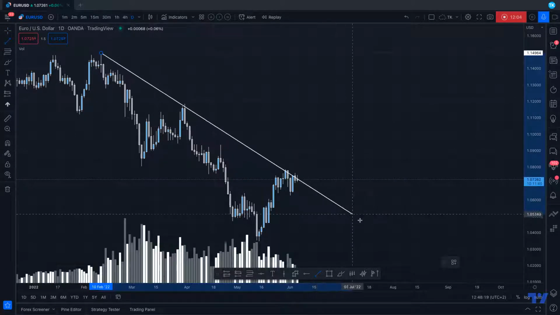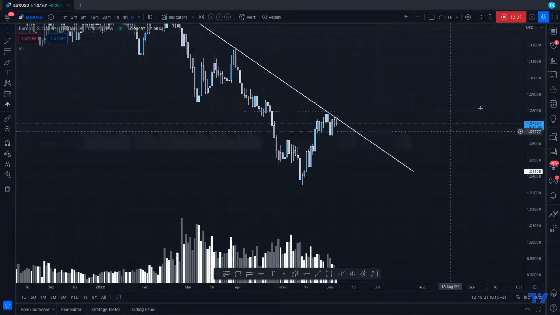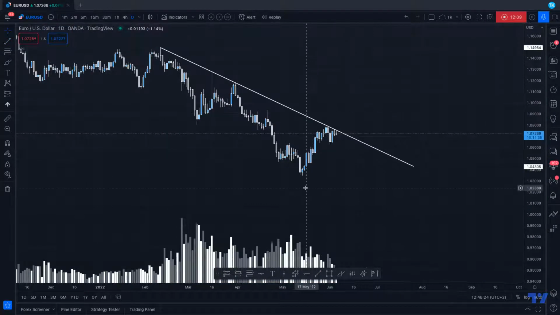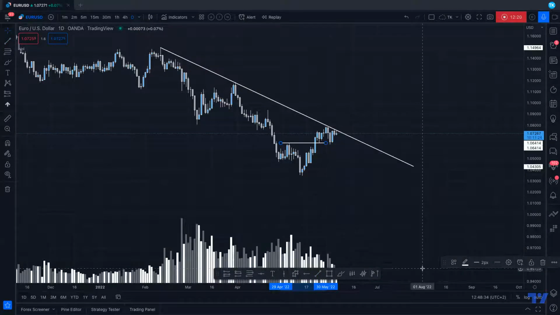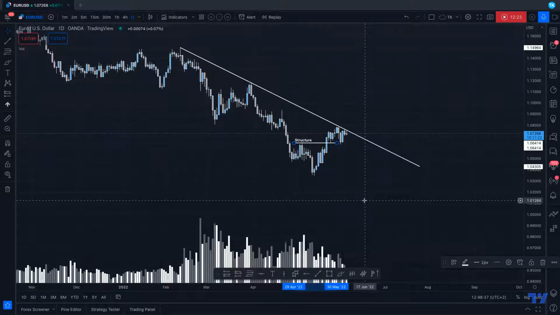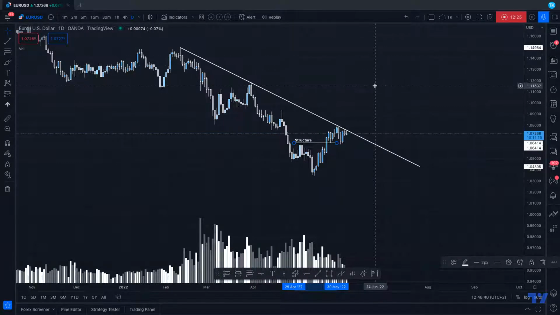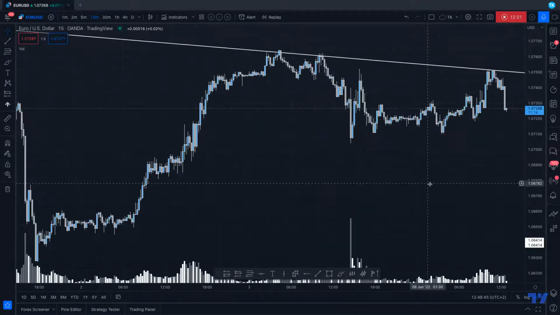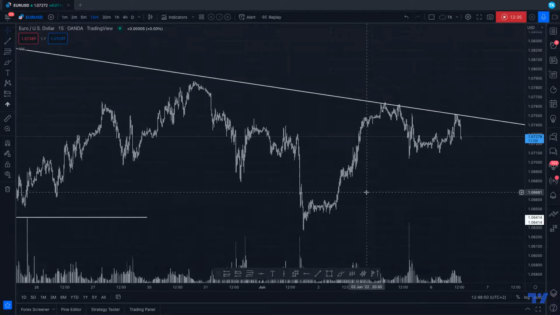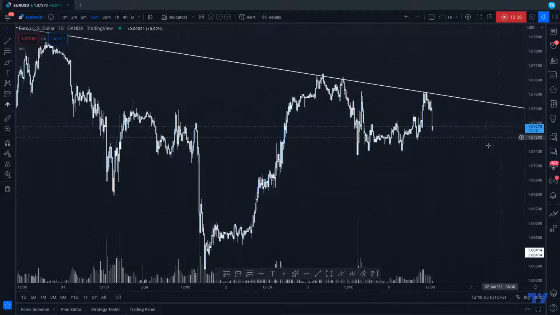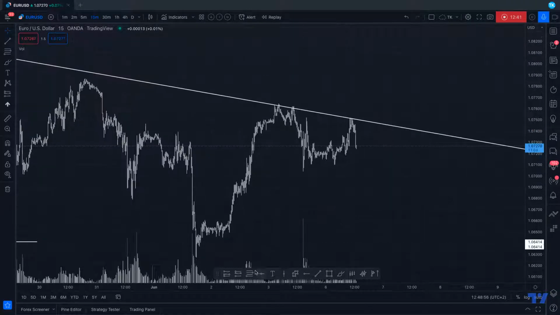Here we have a trend line that is being touched right now today, and here we have the structure that had been broken. On a daily time frame we are bearish, but if we see a 50-minute time frame, we clearly are bullish.